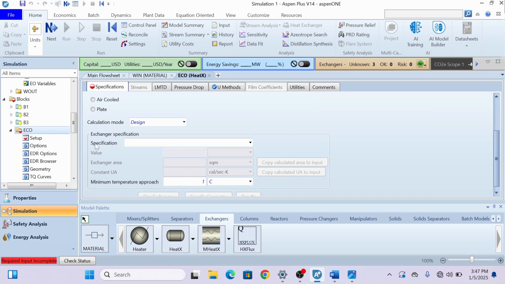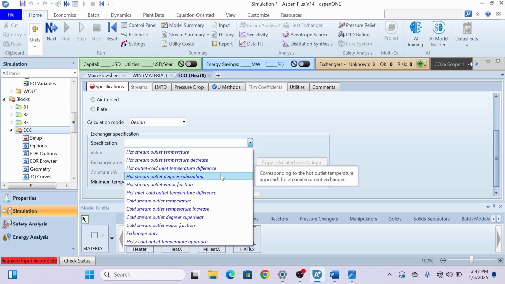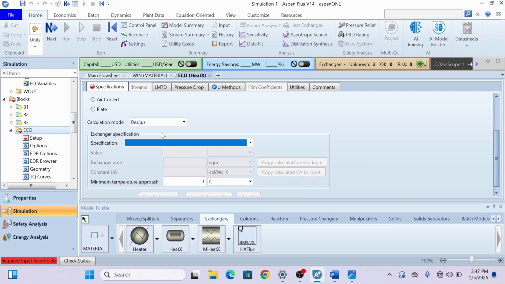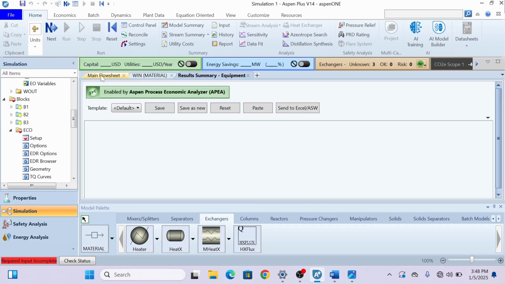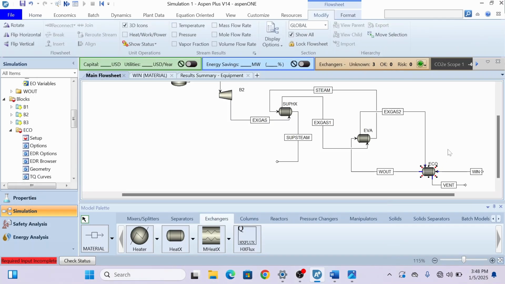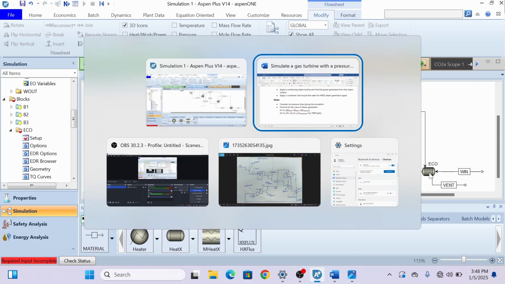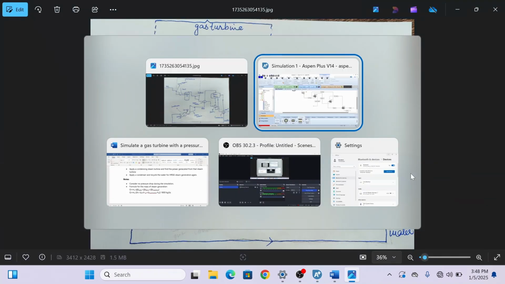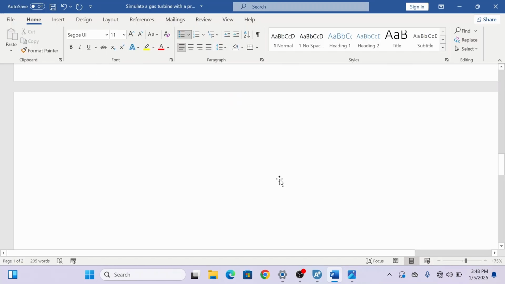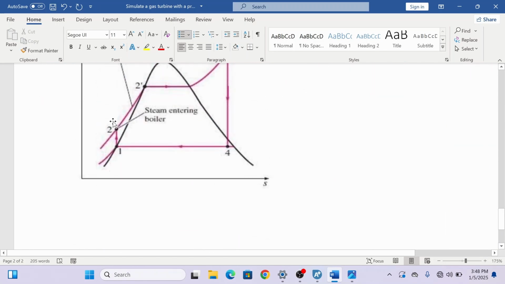After this, you can press the next button, but for understanding, I am going to separately specify all my heat exchangers. So here in the heat exchanger, go to the specification. If I go to my main flow sheet, water, as I already told you, is our cold stream, and in the economizer I want all the sensible heat to be added.